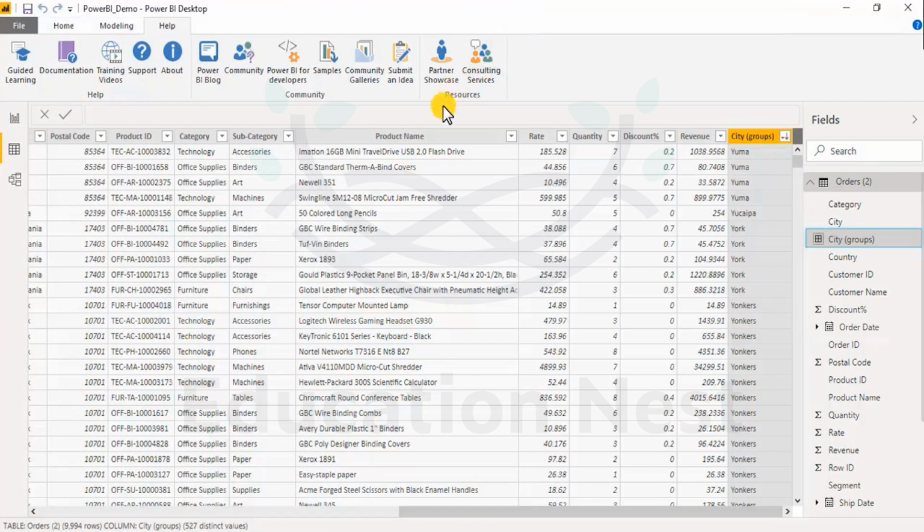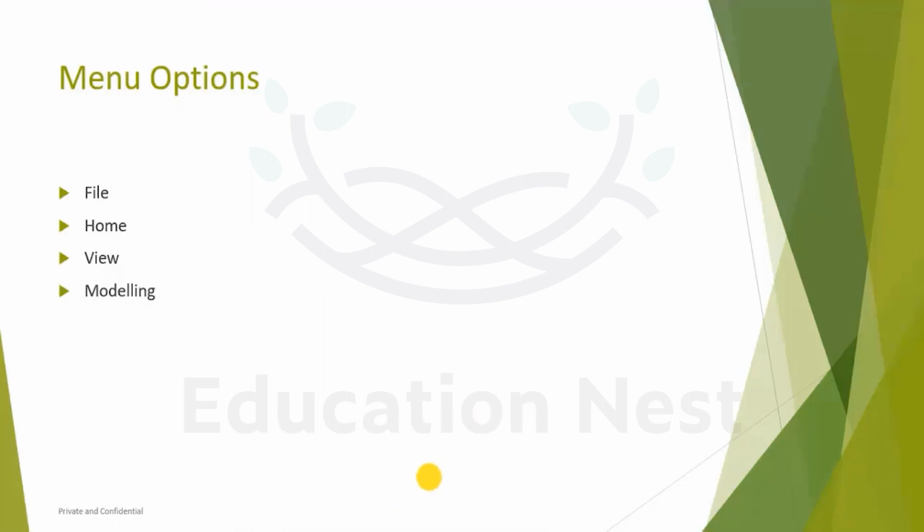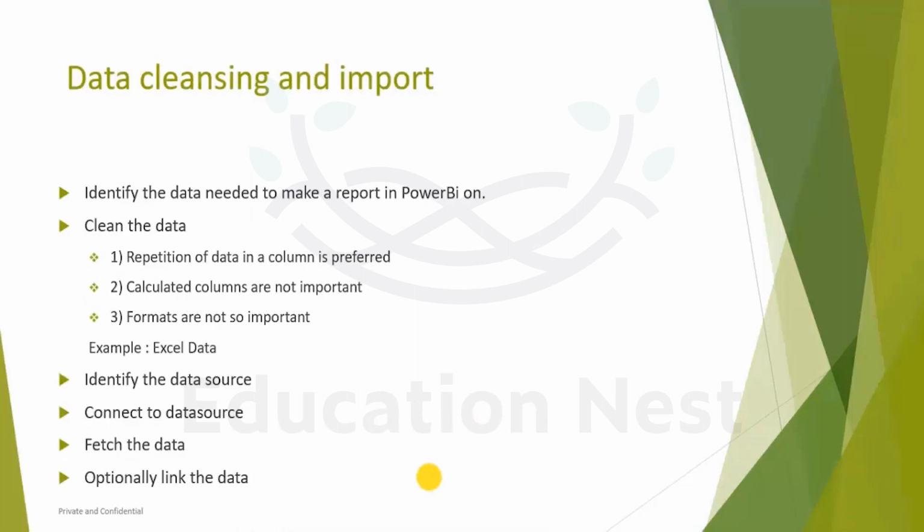Along with this, we've also studied one more thing, which is this. We did cleansing and importing of the data into Power BI. In this case, we worked with Excel data, and in this, we first identified the data for which we want to build a report, from which we want to build a chart. Next, we cleanse the data. We ensure the repetition of the data in the column is there.